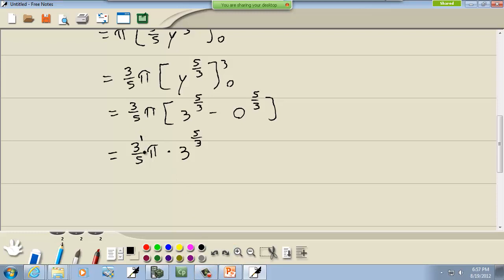I don't think it wants to put it back in radical form, but maybe. This is 3 to the first, so I'm taking 3 to the first times 3 to the 5/3. I'm going to add the exponents, so 1 plus 5/3 gives us 8/3 over 5 pi. I definitely could put this back into radical form, but that's our answer.